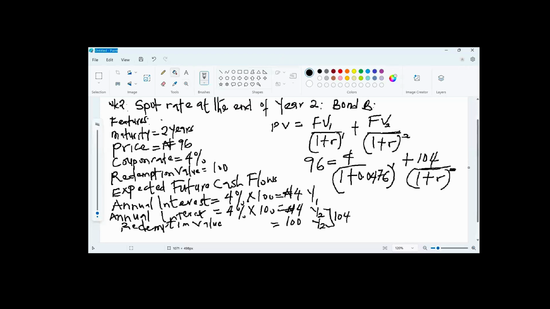We don't know R in year 2. That is what we are trying to calculate. We have formed an equation now. With this equation, we can derive R in year 2.